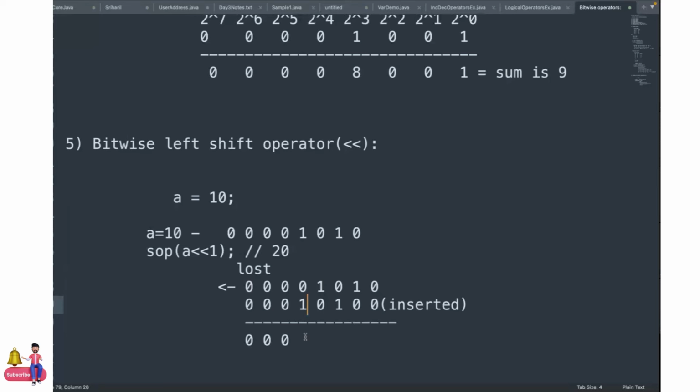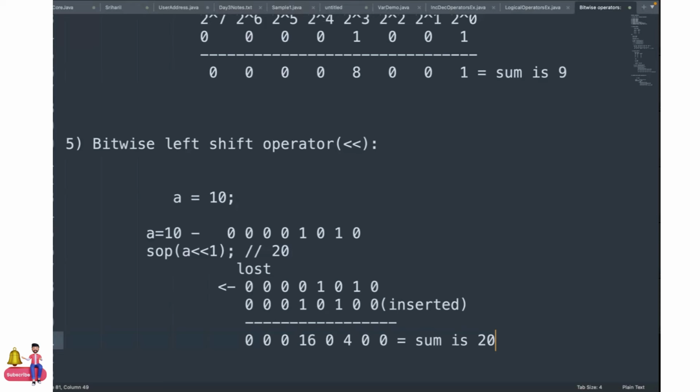Then 2 into 2 means 4, so 4 into 1 is going to give 4, and the remaining 2 are 0. Now if you sum them, the sum is going to be 20: 16 plus 4. So when you shift 10 towards the left by one position, the binary representation we get is 20.